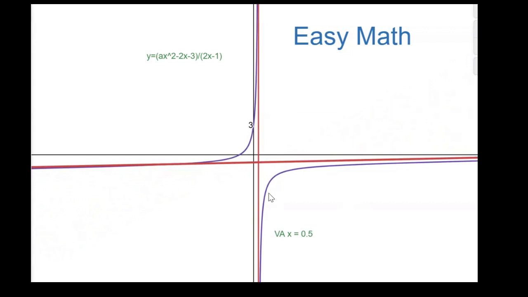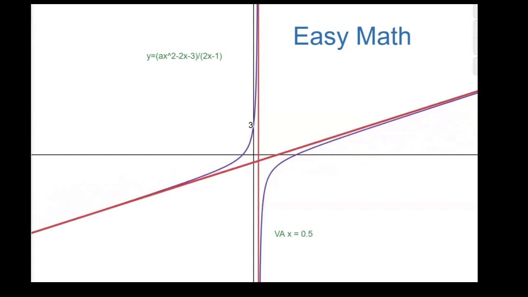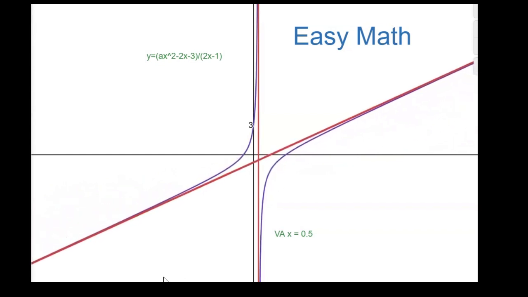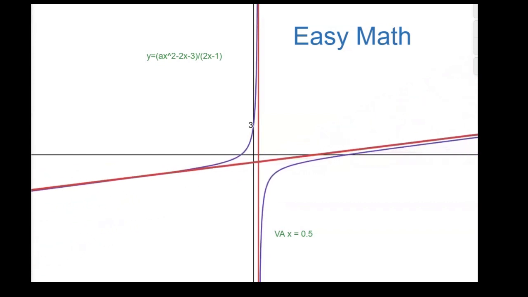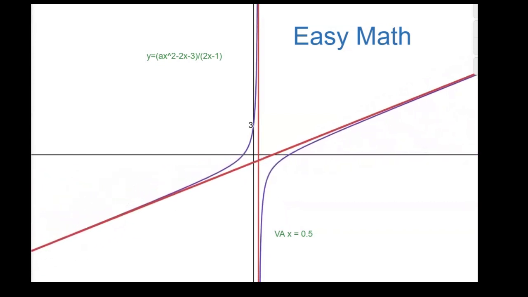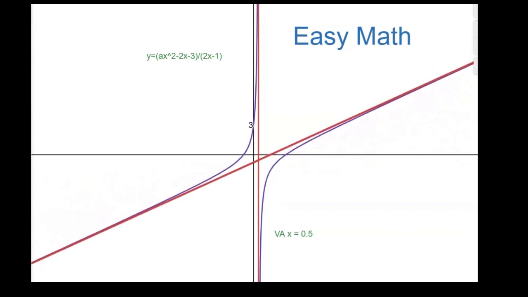If a equals 0, there's no OA, it's the HA. Here a is positive, up to 1, a equals 1.